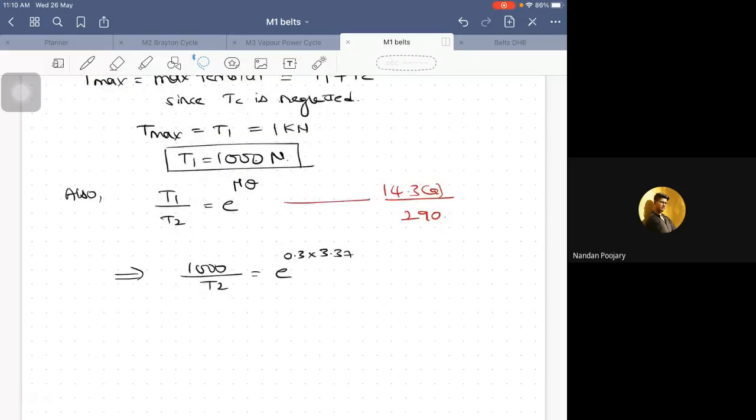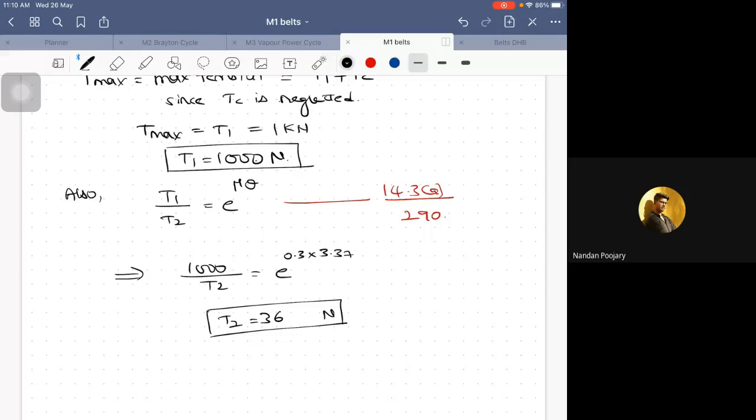Now, from this, what is the value of T2, guys, in newtons? 363 or 369? 370.